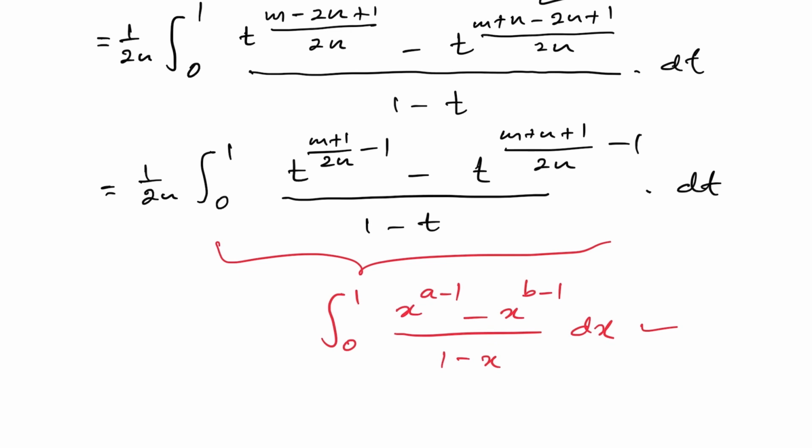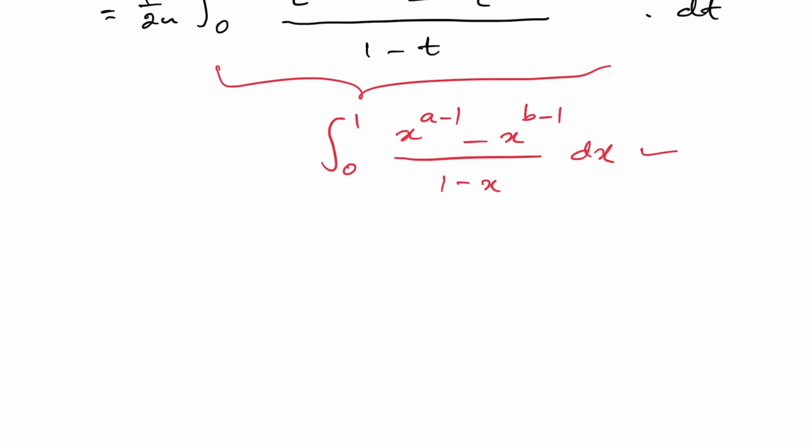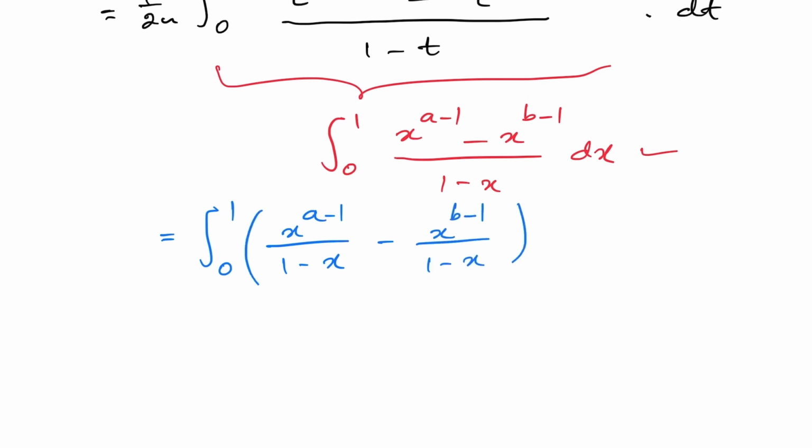Let's evaluate. I'm going to divide it by 1 minus x, so the integral from 0 to 1 of x to the a minus 1 over 1 minus x minus x to the b minus 1 over 1 minus x, dx.